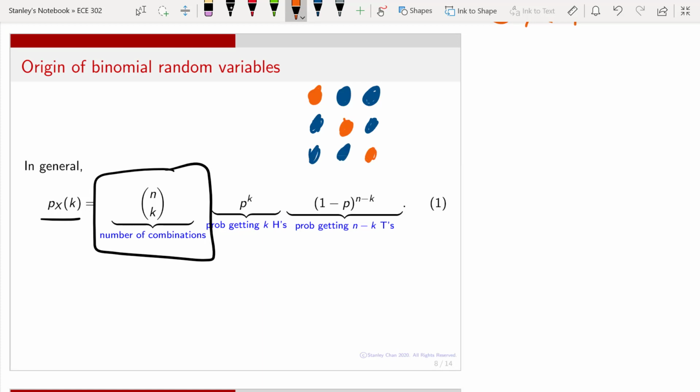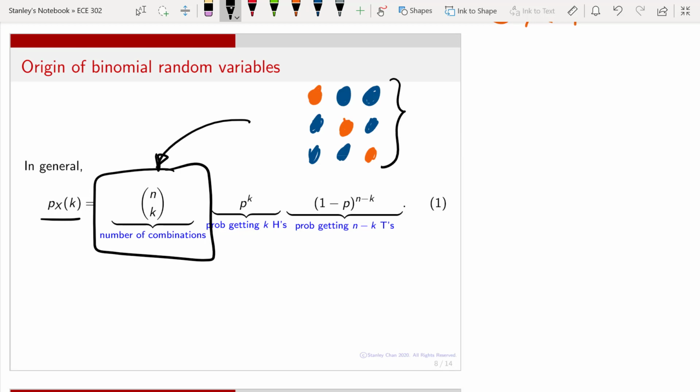See that? Okay, so this number of combinations is essentially asking: I have 3 colored balls, and then 2 of those will have the same color. And what is the number of combinations? That will give you n choose k.